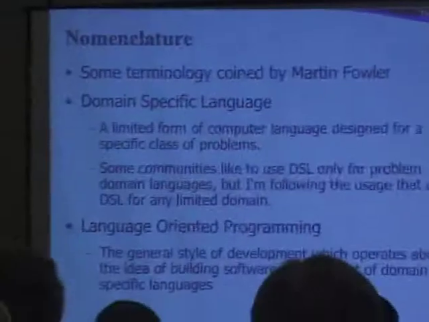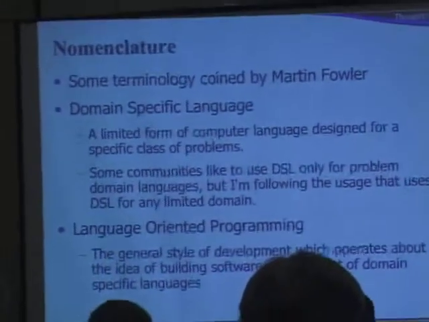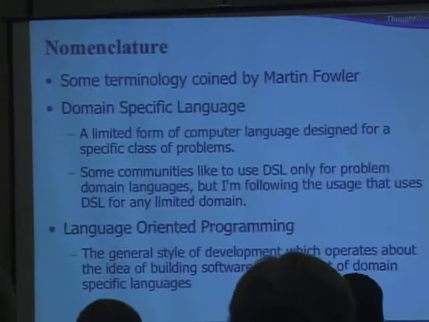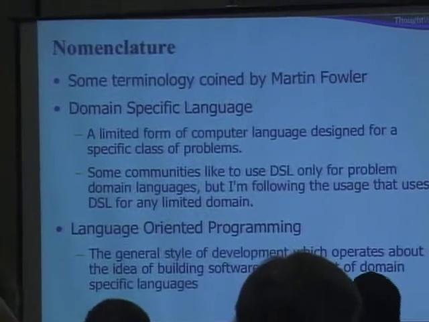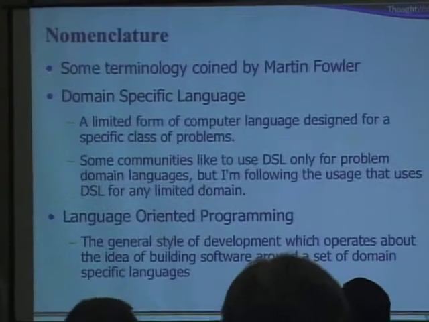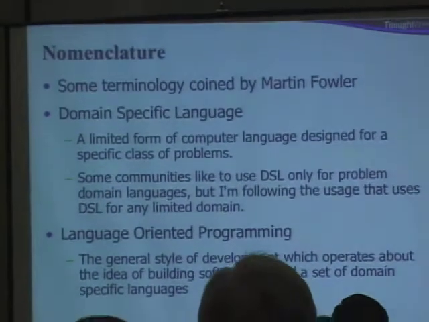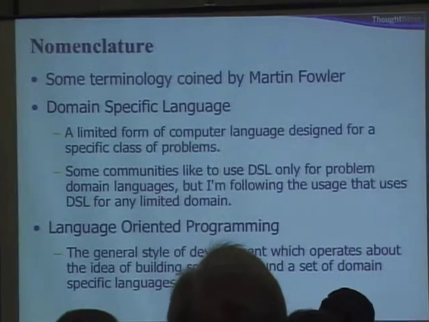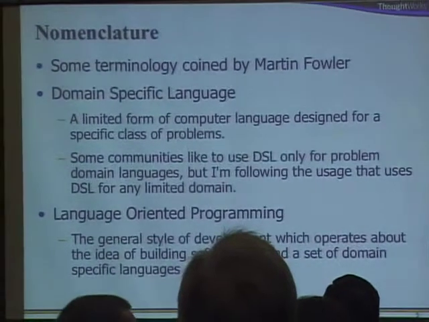So let's talk about a little bit of nomenclature and get that out of the way. This is stuff that's coined by Martin Fowler, where a domain-specific language is a limited form of computer language designed for a specific class of problems. Traditionally, domain-specific languages have been used just to represent specific problem domains, so they represent the kind of application that you're trying to solve for a business case, for example.